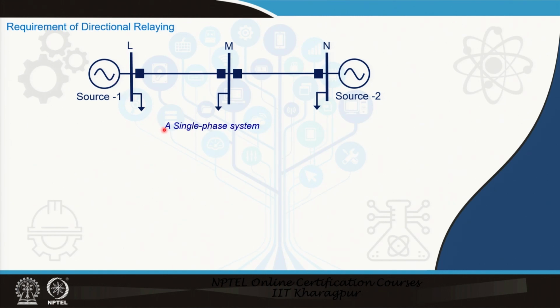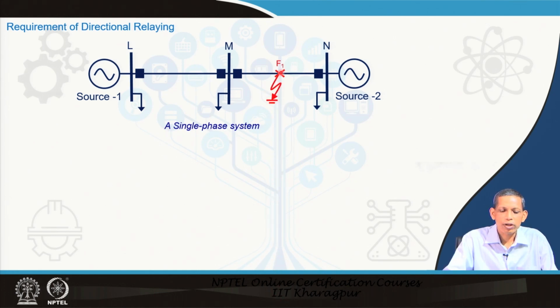But first consider a single phase system for understanding. We will extend this idea to generic 3 phase system. Let us consider a fault happens to be there at F1 position between M and N line. So, at that time current will flow from source 1 like this, and also current flows from source 2 to the fault point like this.